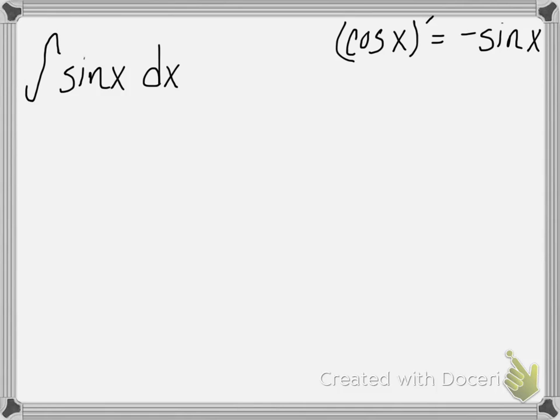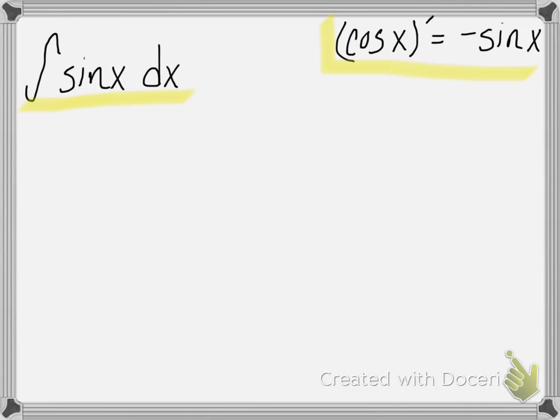Alright, so knowing those, whenever you come across your problems, say that you want to take the integral of sine x. Okay, well, since we're going to have to do the antiderivative, just try to think to yourself, what derivative will give me sine? Over here you can see that when you take the derivative of cosine x, you get a negative sine x.